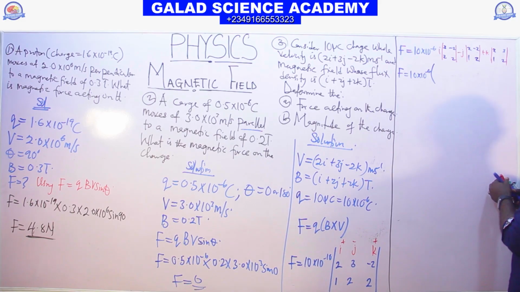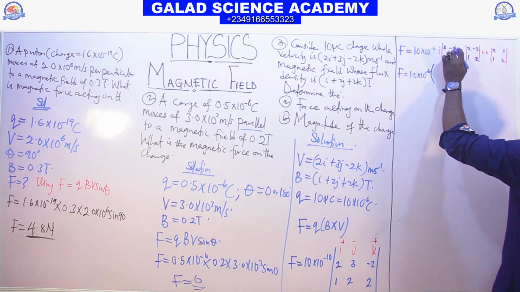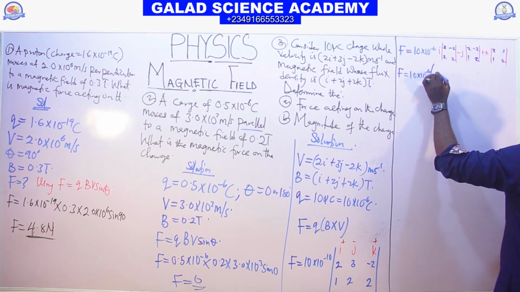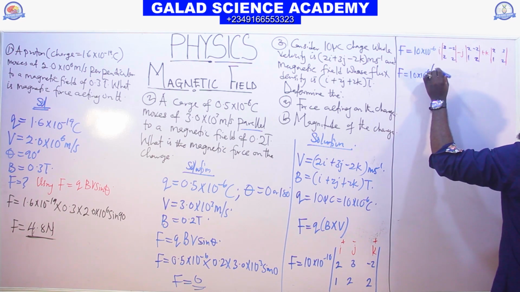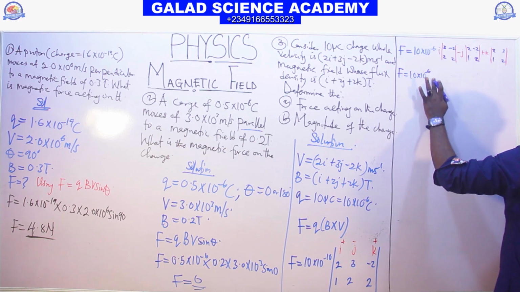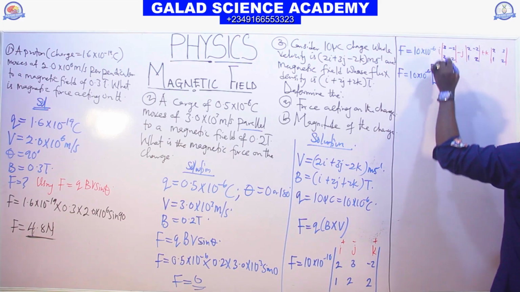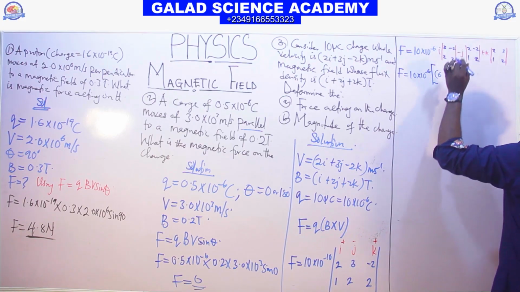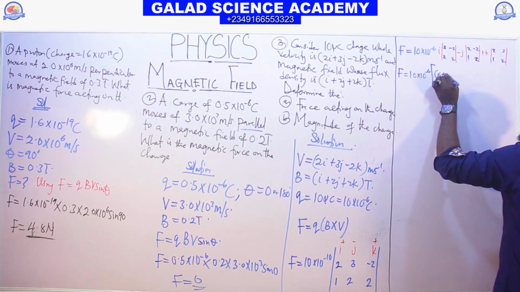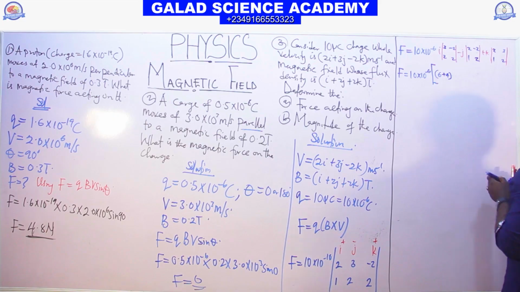Multiply it: 3 times 2, 6. Let me do this one in this form. 2 times 2 is 4, minus, plus 4, good.